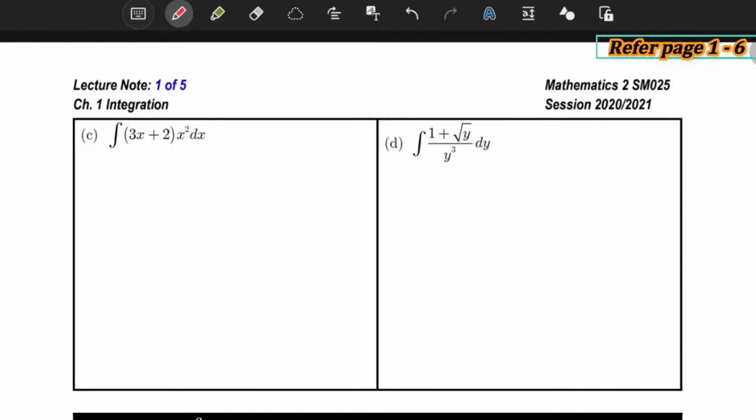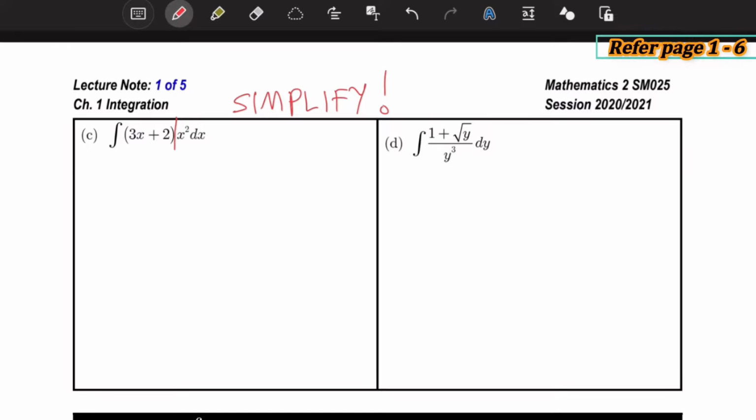Part C. Integrate (3x plus 2) times x squared. We have multiplication form here. And for integration, the most important word is simplify. So we need to simplify every question. Simplify first. Simplify and simplify.